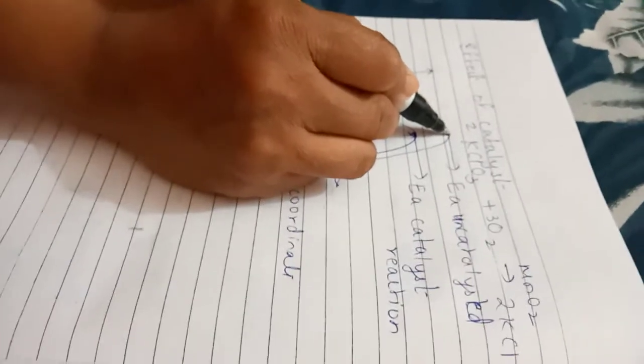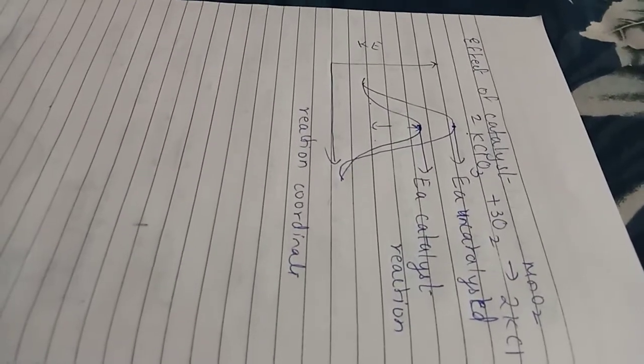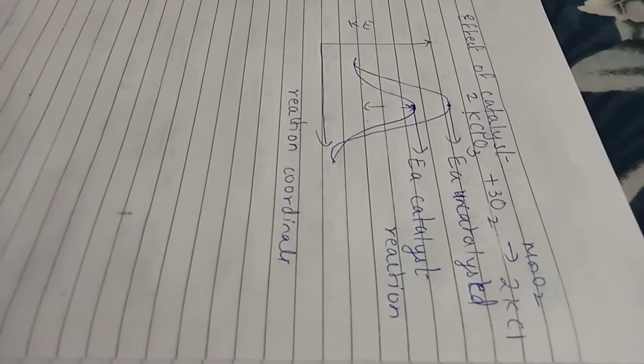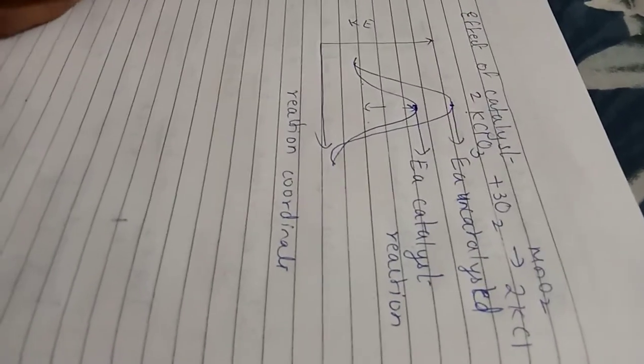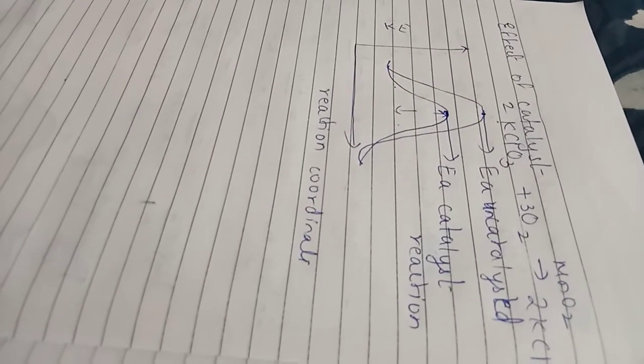Why? Because they require very high energy, students. Because the catalyst minimizes the activation energy, reactant molecules require very high energy in the absence of catalyst. They take a lot of time. But if there is a catalyst present, they get converted into products within seconds.